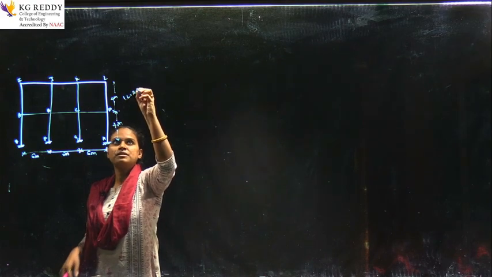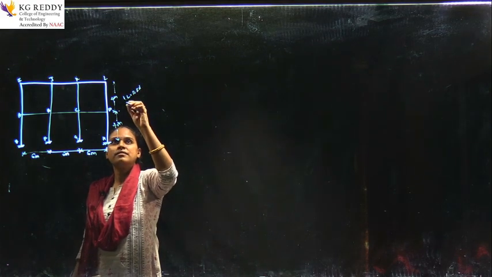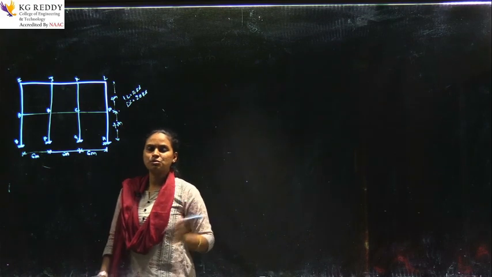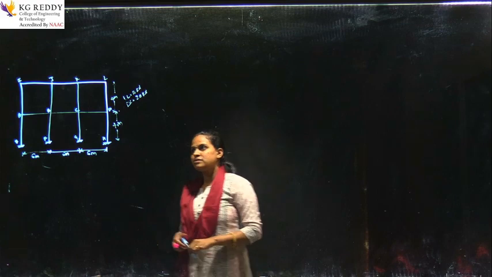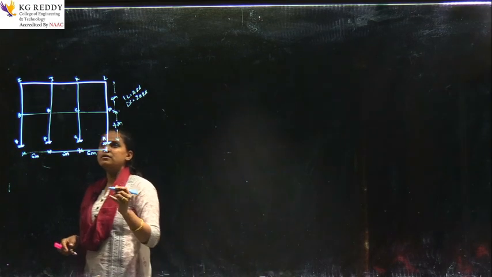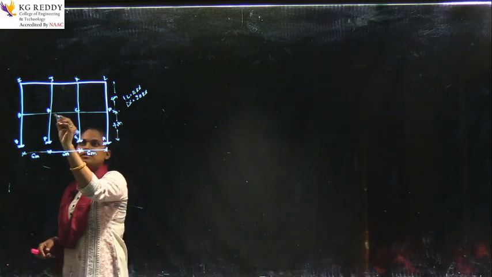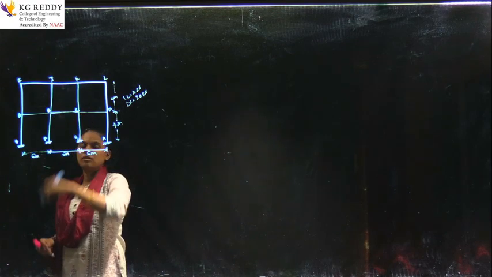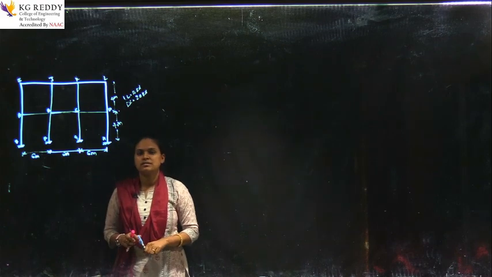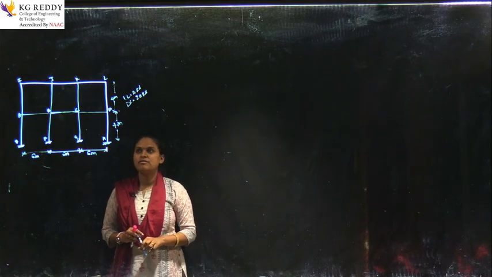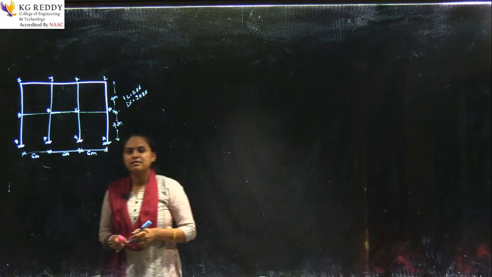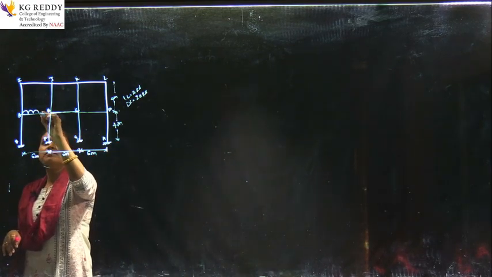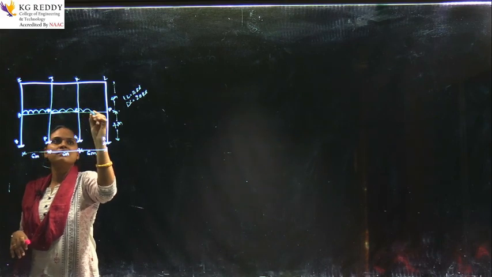of 12 kilonewton per meter and dead load of 20 kilonewton. Okay. Let us take these two loads. Now we will analyze for a particular beam called BC. Okay. So, how will you take the loads? The dead load will be there throughout the frame, so from A to D you will have the dead load.